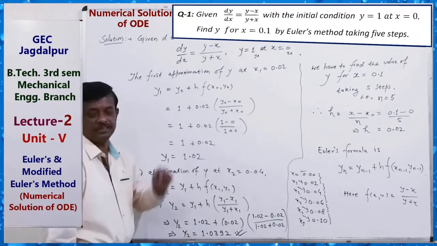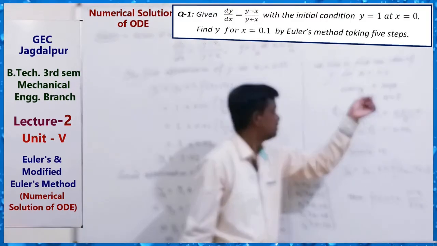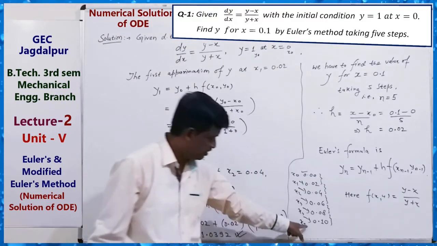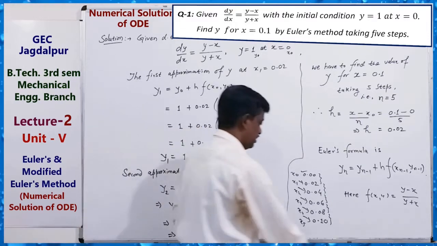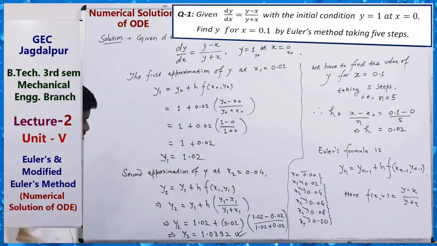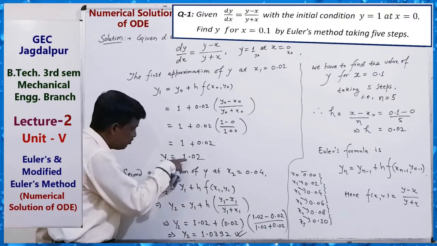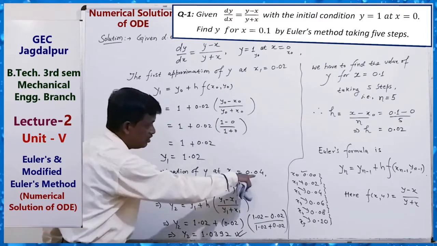At this stage we have to go up to x equals 0.1. So y3, y4, y5 you have to find using this formula and successive values. For y2 we used this value and this value; now for y3 we use this value and this value.